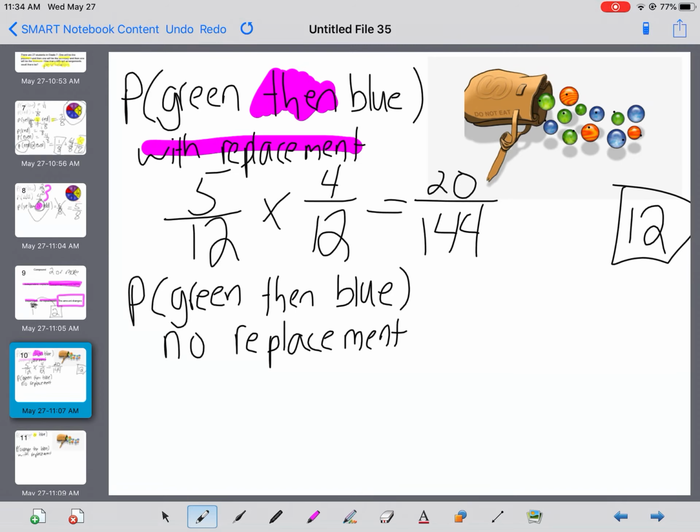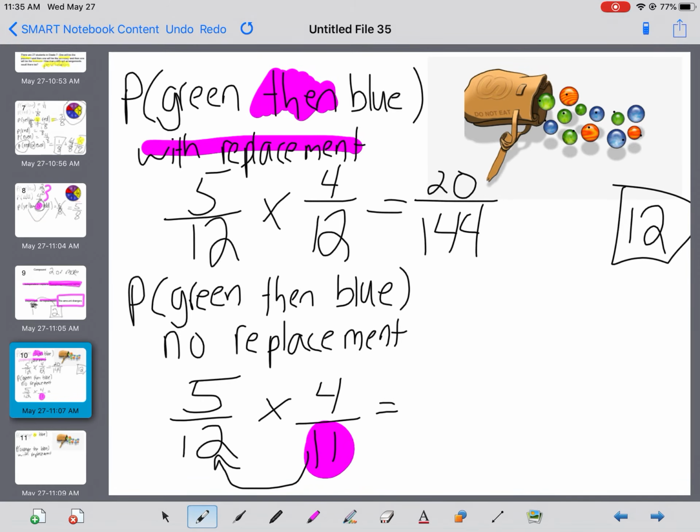But now let's pretend I get green then blue with no replacement. My green chances are still the same, 5/12, times, there's still 4 blue marbles in there, but now there's only 11 marbles left because I didn't replace the marble that I had originally pulled out. Okay, so this is a dependent event because the second event depends on what happened in the first one.